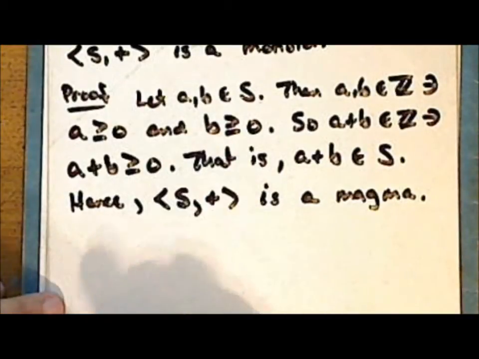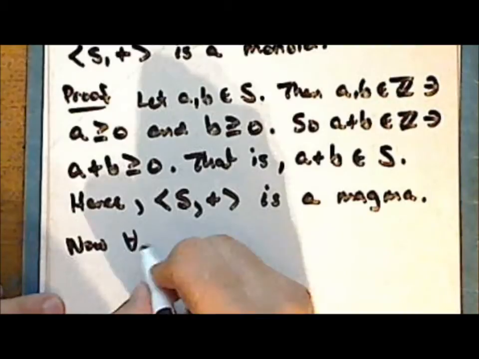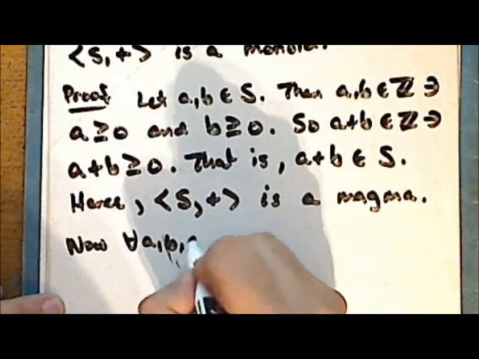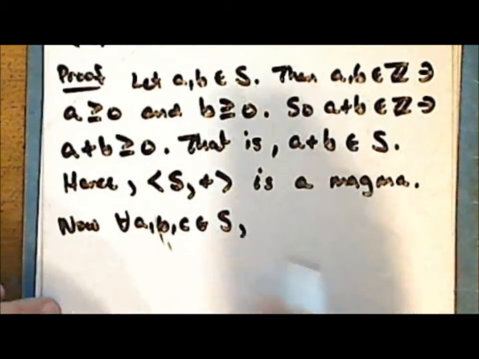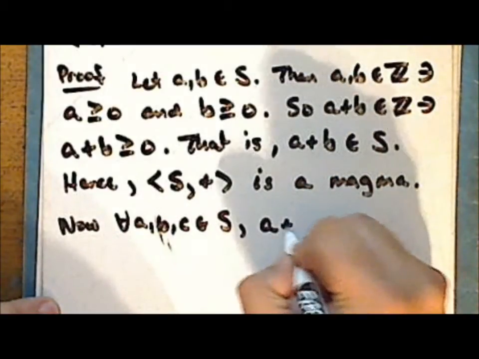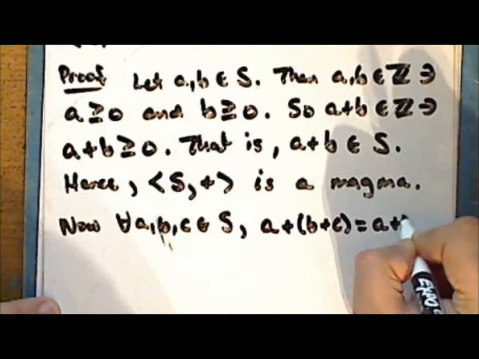So now we look at associativity for every three elements, A, B, and C in the set S. As before, with simply the set of positive integers, it does not matter how we group the terms. We will obtain the same result when we take a sum.